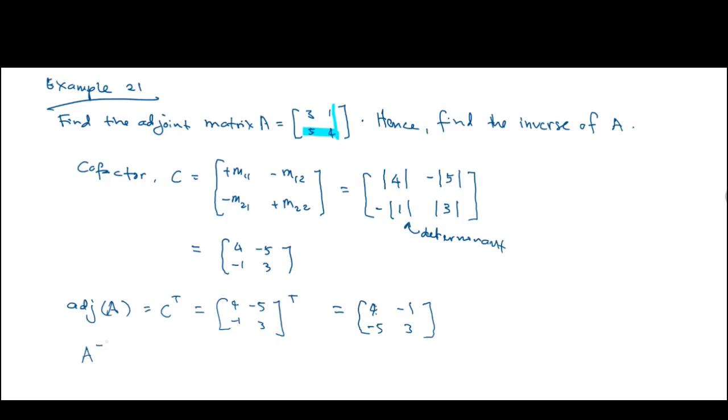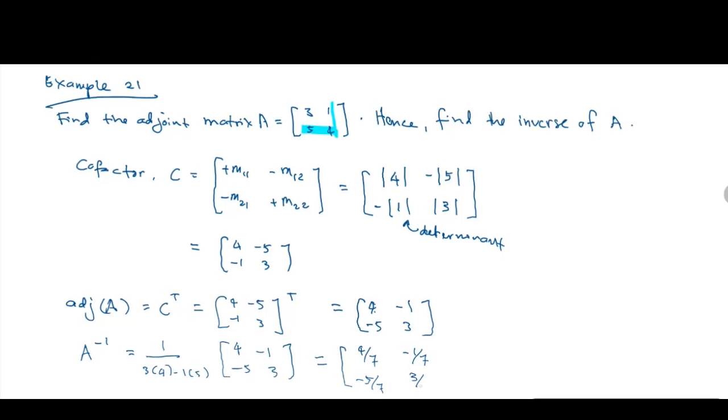So the inverse of matrix A is equal to 1 over the determinant of A, which is 3 times 4 minus 1 times 5, multiplied by the adjoint of A, that is 4, negative 1, negative 5, and 3. This is 12 minus 5, which is 7. So the answer is 4 over 7, negative 1 over 7, negative 5 over 7, and the final element is 3 over 7. So this is the inverse of matrix A.